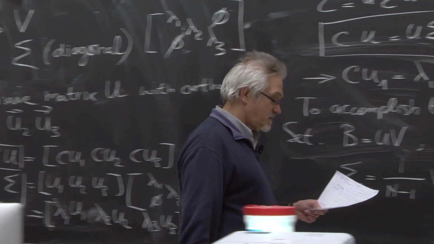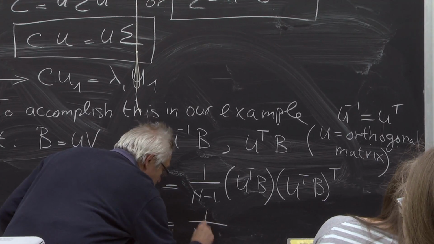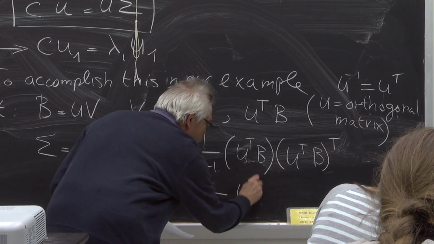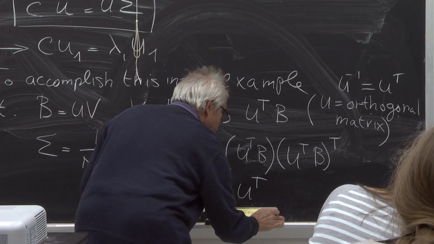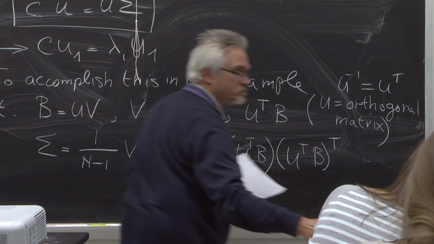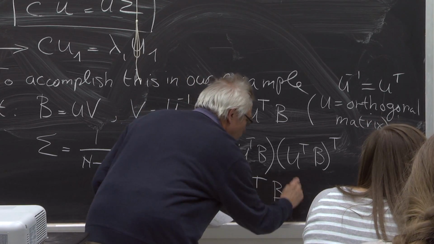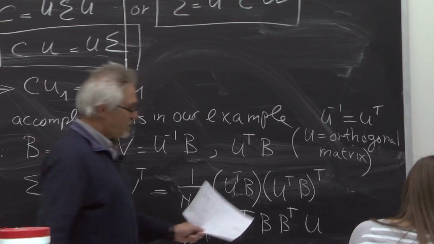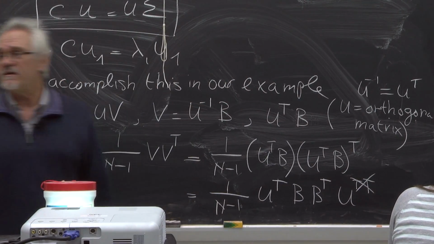So then this thing is going to read as this is UTT, but again the transpose of a transpose is itself again. So now I've gotten rid of the parentheses.